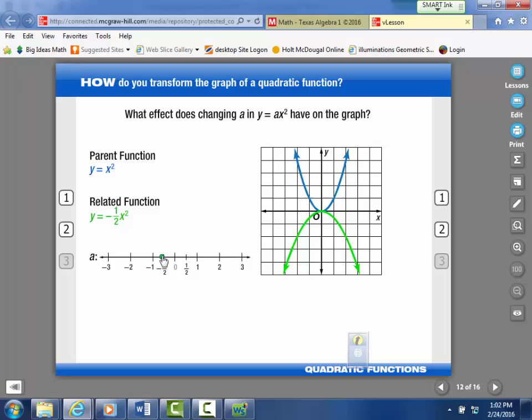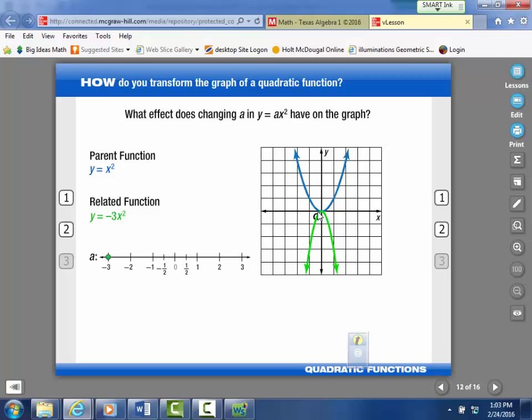Huh, what happens with negative 1? Same thing. It's still the same exact size, it just flipped over. Now negative 2, it got skinnier, right? But it still flipped over. And negative 3, it got skinnier, but it's flipped over. Okay, so I think when we change the number in front, a, if it's positive, right, then it's going to open up.